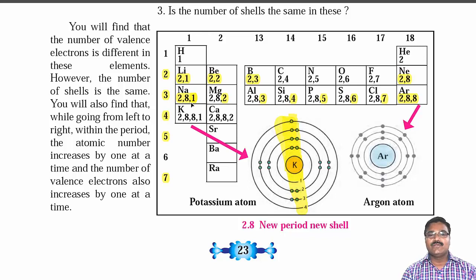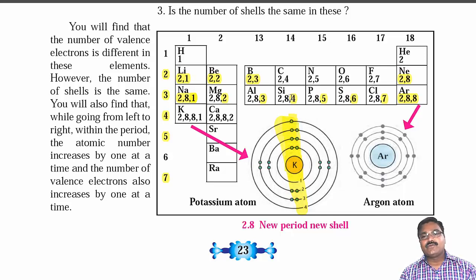Therefore here you can say that metallic character goes on decreasing from left to right across the period. That means sodium will have more metallic character than other elements in that period.